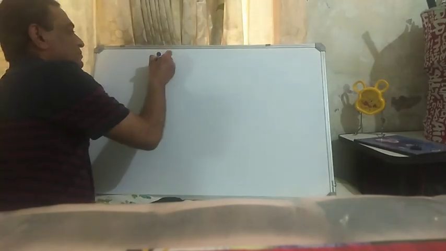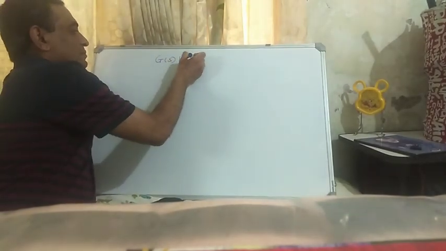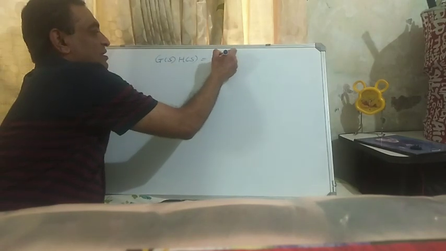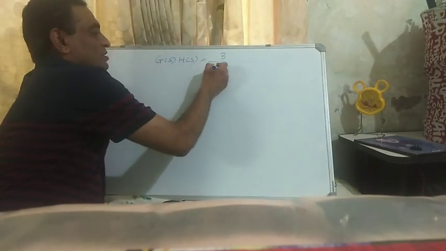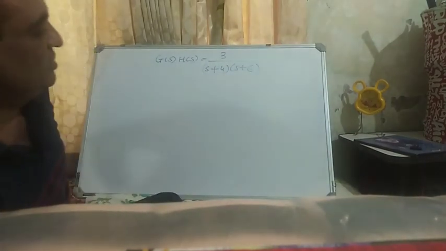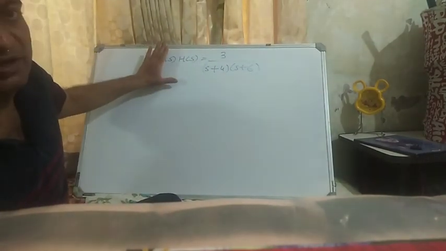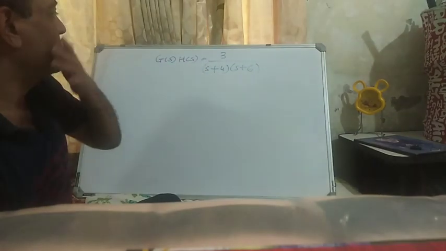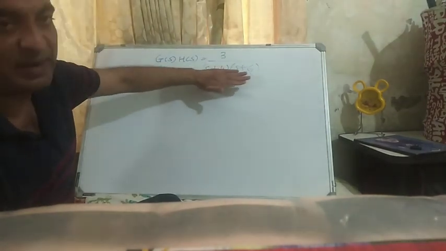Now let us take an example. Let's say 3 upon s plus 4 into s plus 6. This is the transfer function. I need to convert this transfer function into its time constant form, and right now it is not in the time constant form.